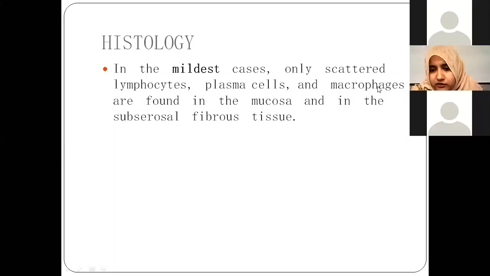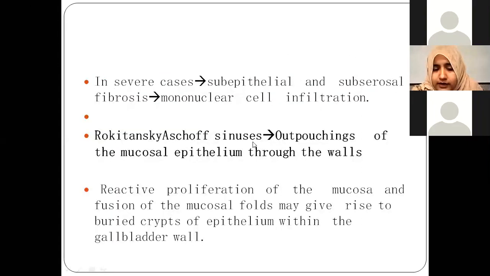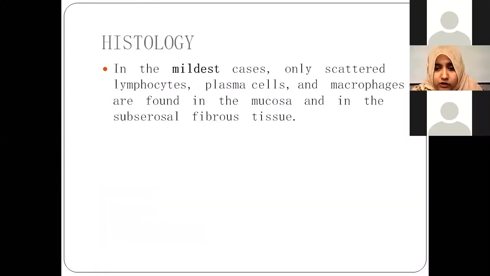Lymphocytes, plasma cells, macrophages, all cells of chronic inflammation. So in mild cases, what is happening? Only the wall is involved, and in the mucosa you also find subserosal fibrotic tissue along with the cells of the chronic inflammation.